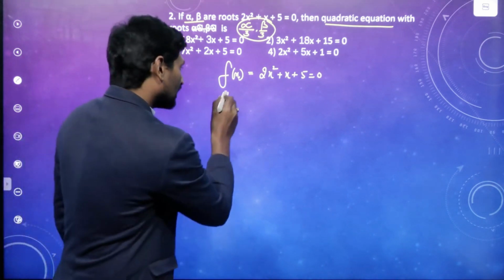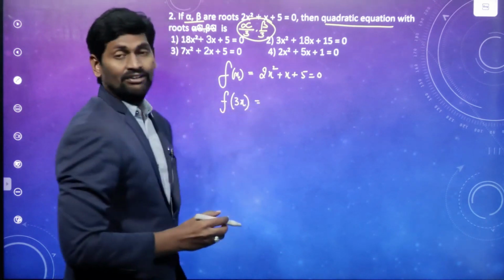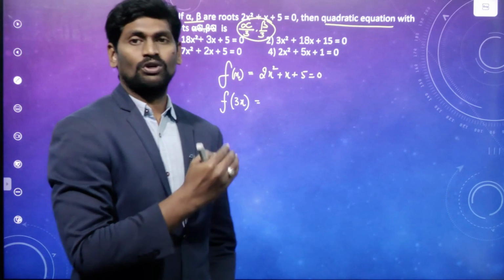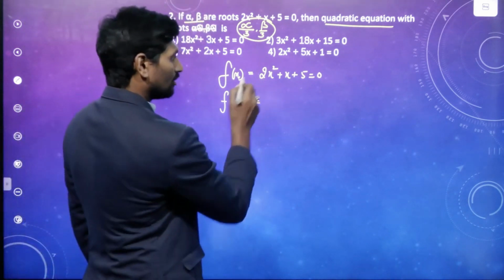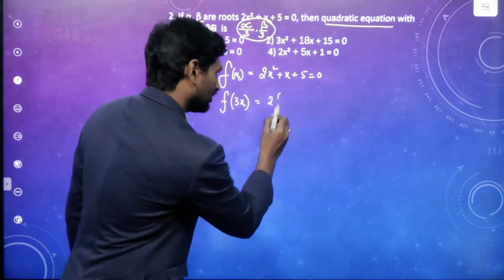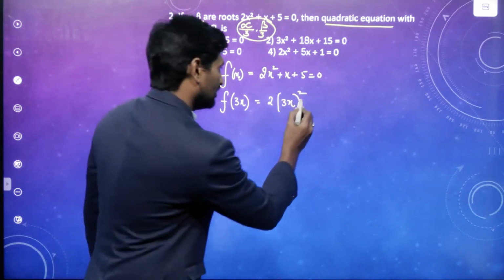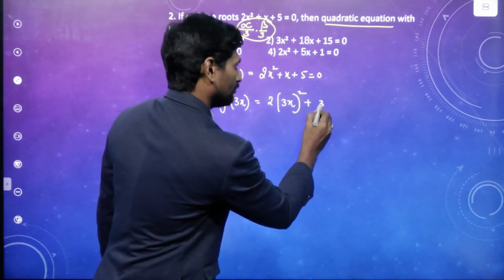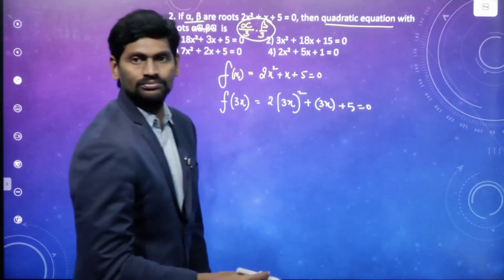Very good. F of 3x. Inverse operation of 1 by 3 is reciprocal 3. That means in the place of x we have to substitute 3x. So 2 into, in the place of x square, 3x whole square plus only x, that means 3x plus 5 equals to 0.